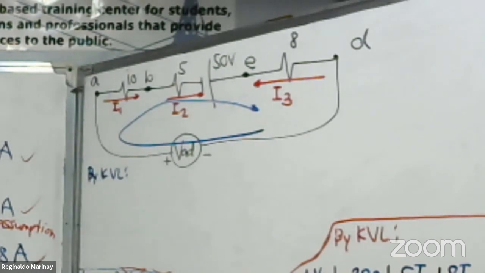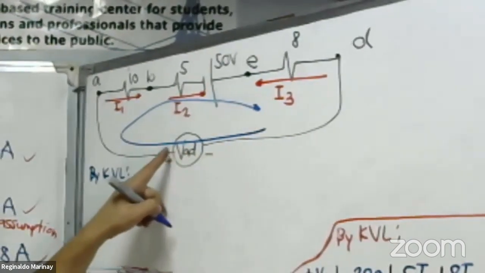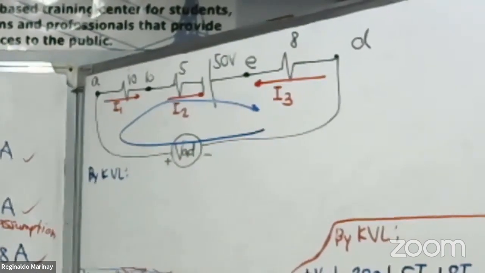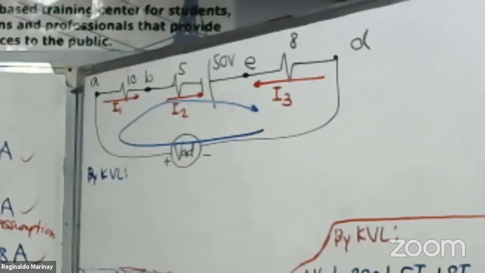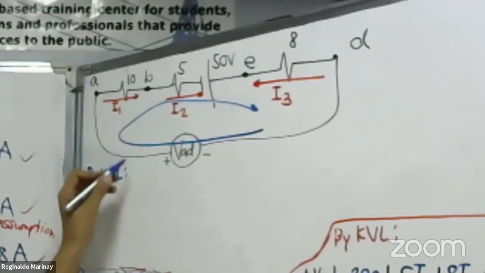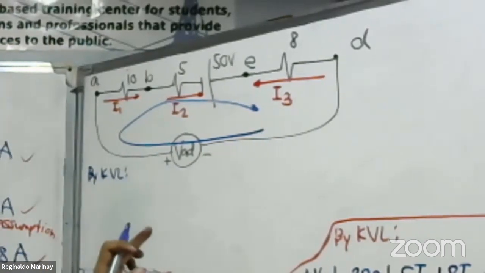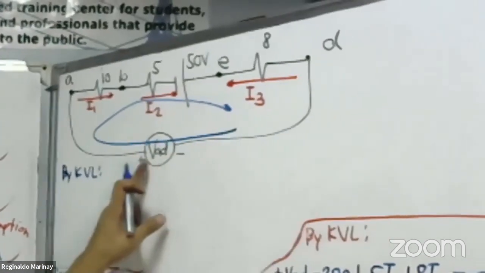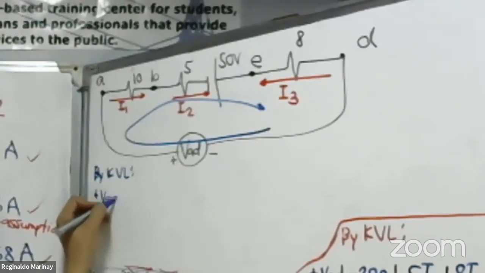Take a look. The circuit tracing, please listen. This is a hard thing to do. Please listen carefully. Please be cooperative, everybody. If the circuit tracing leaves the positive terminal of the voltmeter AD, therefore that is positive VAD.